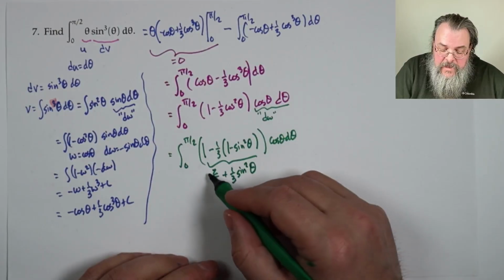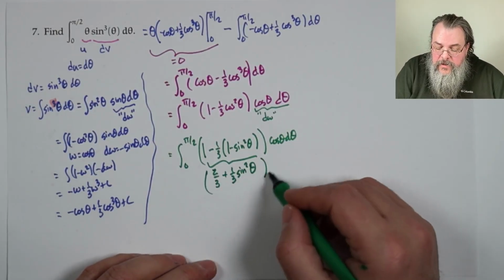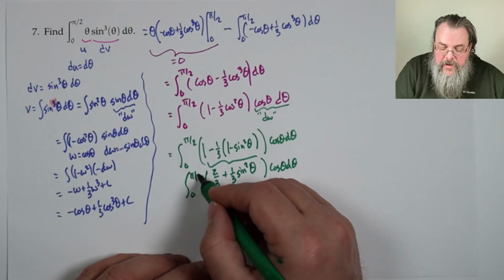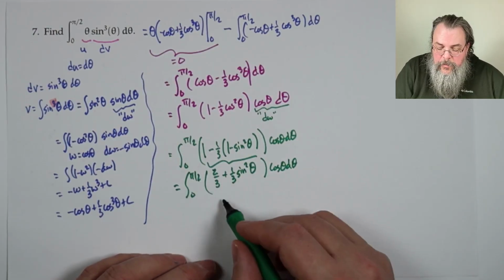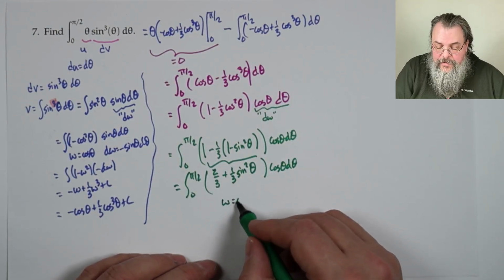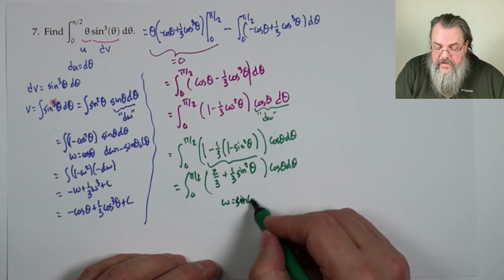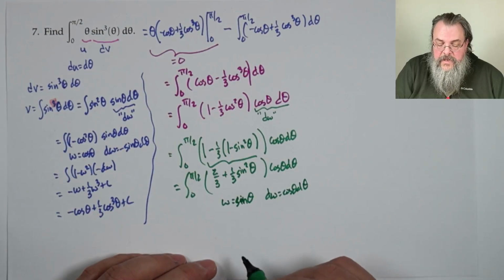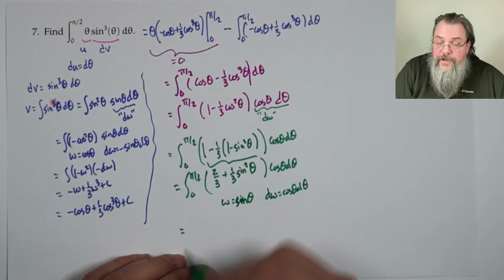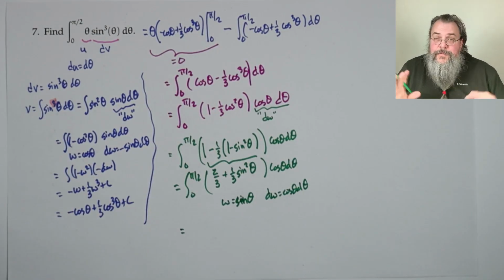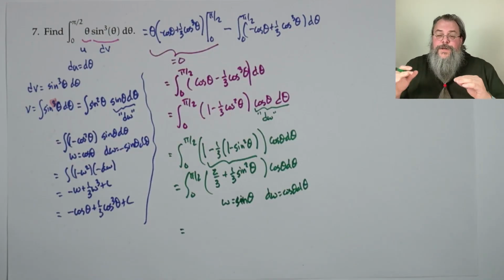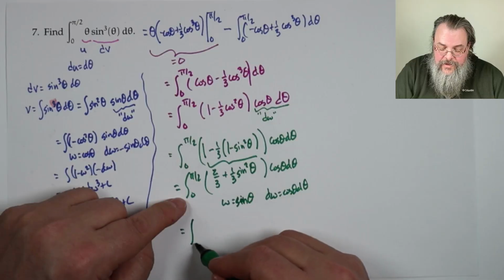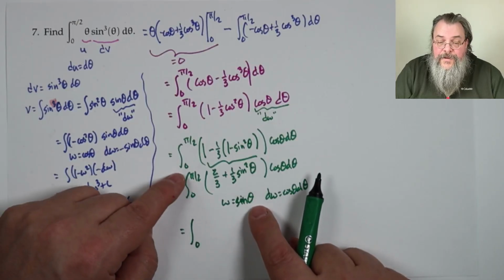Great. Go ahead and update everything. We're almost there. Our next thing is making our substitution. w equals sine theta, dw is cosine theta d theta. And update your bounds. We always update our bounds so that when we go forward, we never have to go back. Sine of 0 is 0. Sine of pi over 2 is 1.